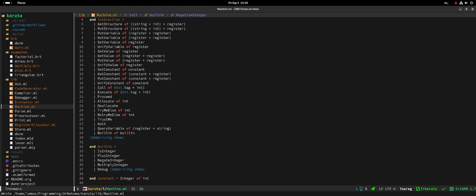Why is it better to have negate as a built-in instead of just having minus as a built-in? Because it's actually just easier, there are fewer cases to consider. To implement negate, there are fewer cases to consider than if you implement minus, because minus is basically a composition of addition and negation.